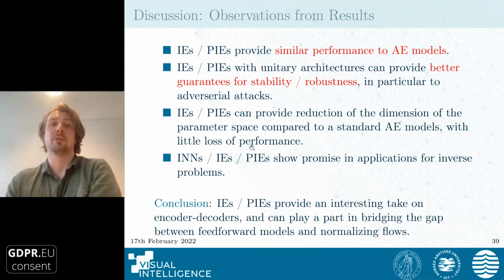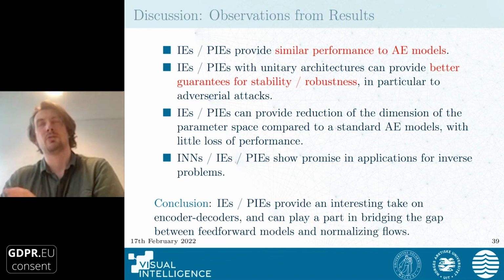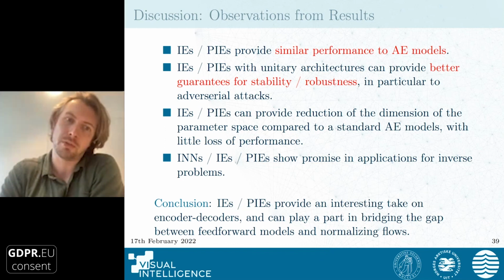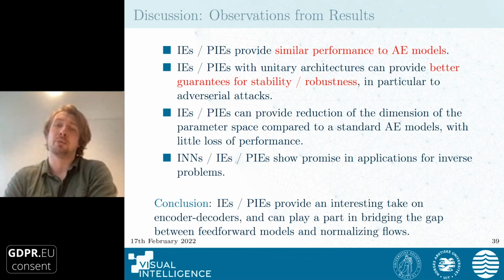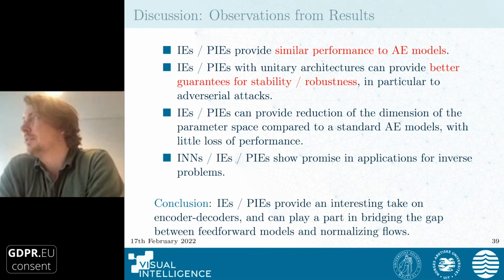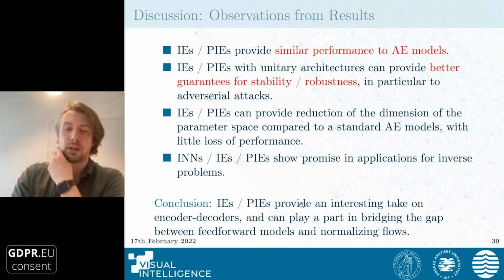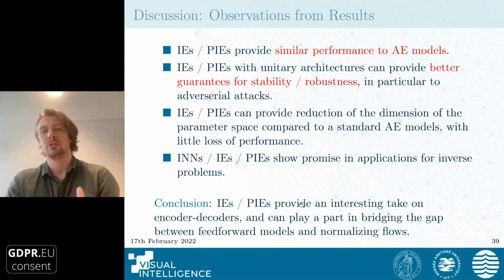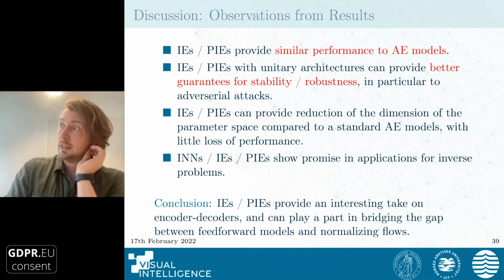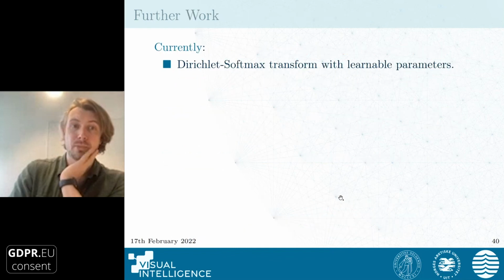They can also provide a reduction of the dimension of the parameter space, in some cases with a small loss of performance. And these models are promising for general applications for inverse problems. However, we would like to do even more testing, of course. It's an interesting take and can play a part in bridging the gap between feed-forward models and normalizing flows, which also provides a very broad and interesting way of doing probabilistic learning with neural networks.